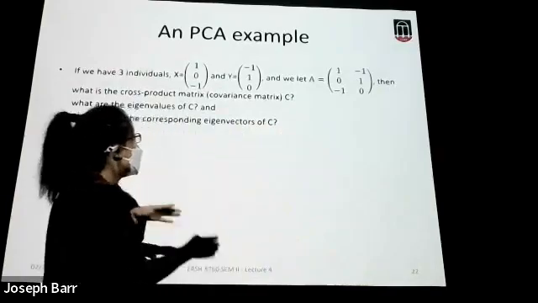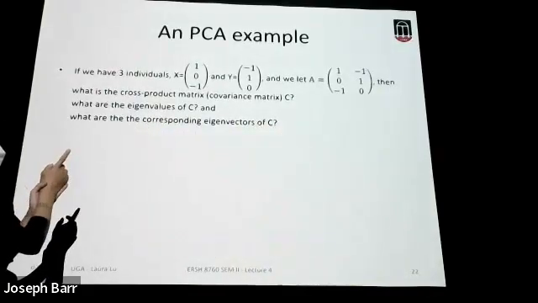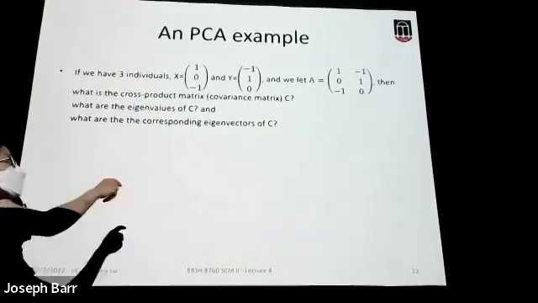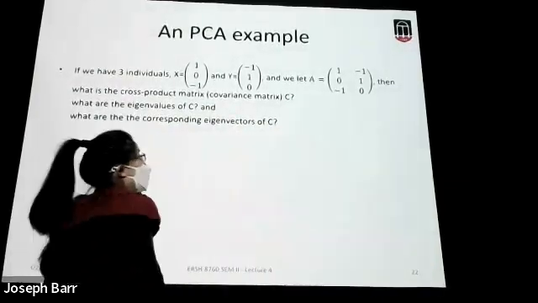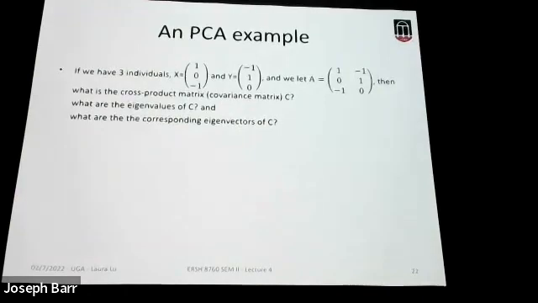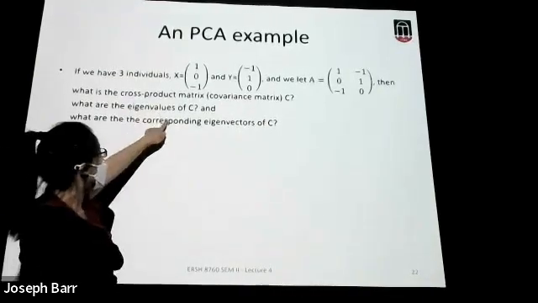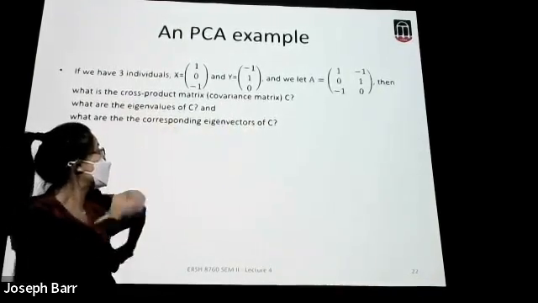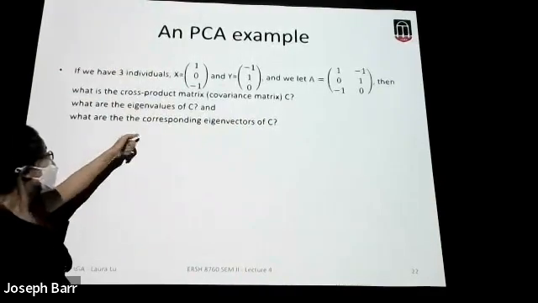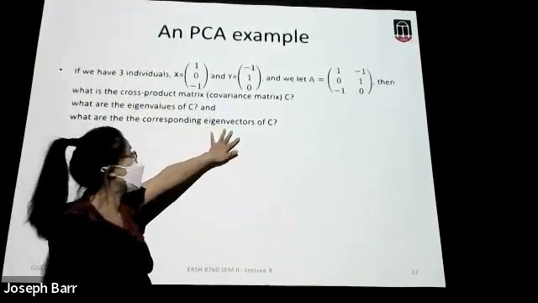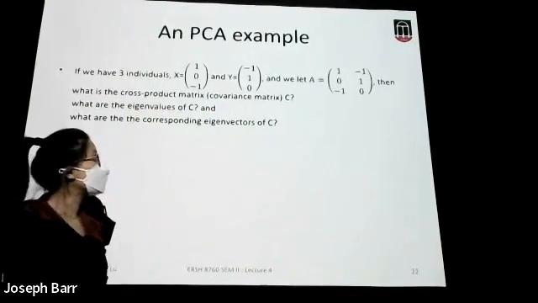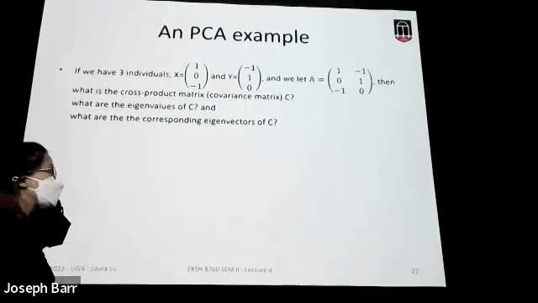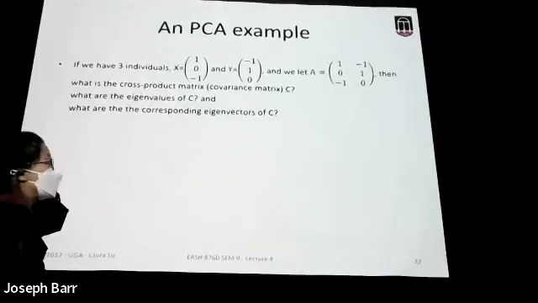You want to calculate the cross product of C, or the covariance matrix of this A. And then what are the eigenvalues of that covariance matrix C? What are the corresponding eigenvectors of that C?